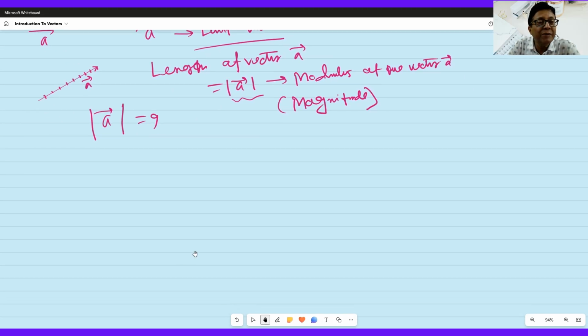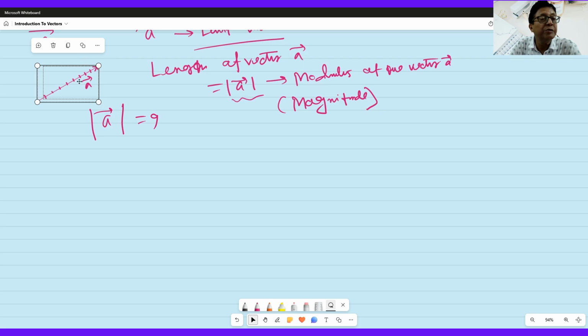So the modulus or magnitude of the vector is understood. That is the length of the vector. Now, if there is a vector A like this, can I draw a vector of magnitude 3 units in this direction? Vector A has magnitude 9 units, that I told you.